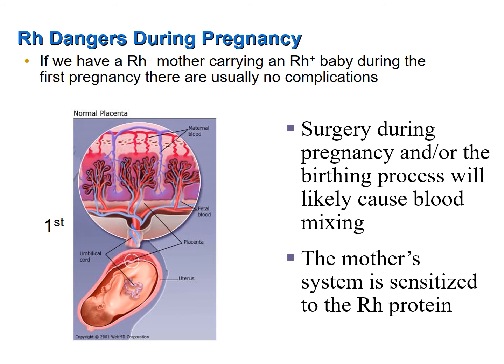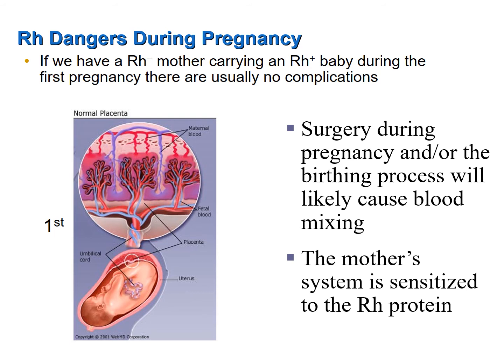And what's going to happen? The mother is going to be exposed to the Rh positive blood of the fetus and/or embryo, and the mother is going to therefore be exposed to the Rh protein, and the immune system is going to start producing antibodies. Again, this is not normally a problem with the first pregnancy.